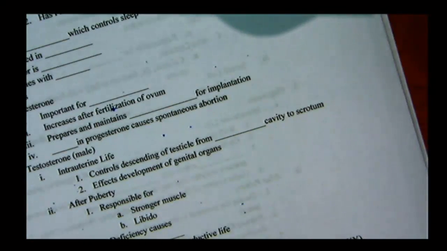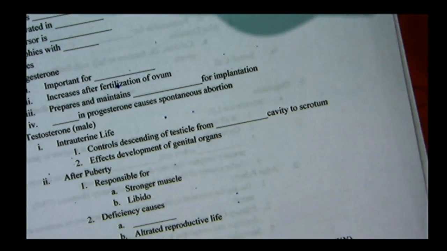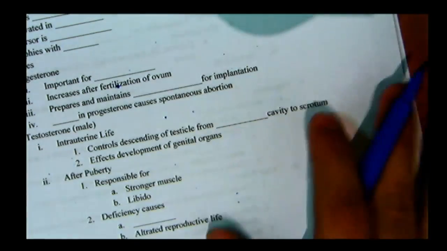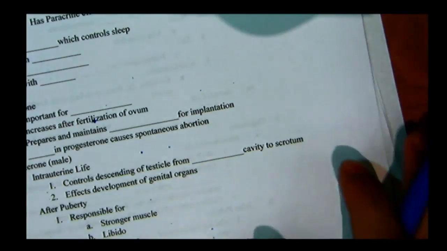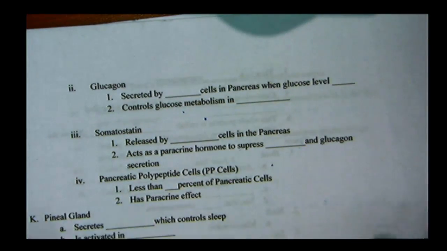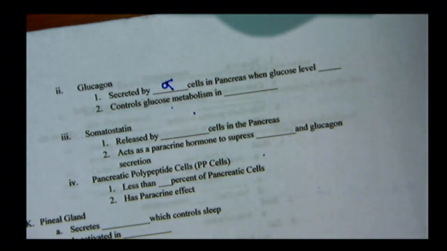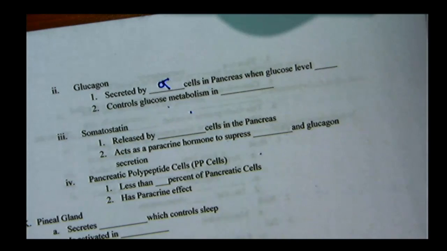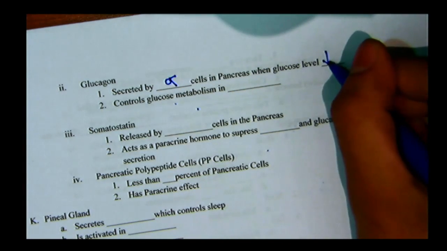Okay, cool. Making good time. So glucagon is secreted by which cells in the pancreas? Alpha cells. No? Yeah, alpha cells. In the pancreas, when glucose level is low. It controls glucose metabolism in liver.